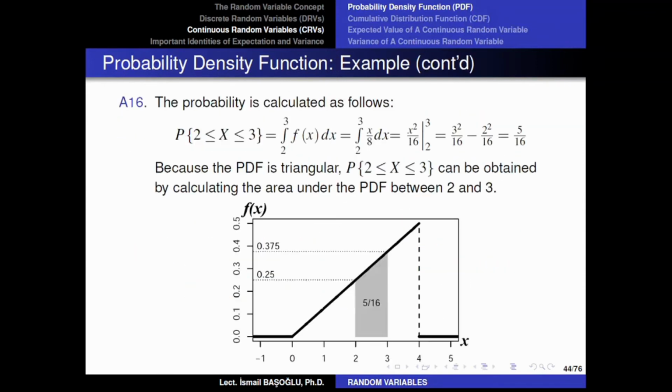For example, let's check this triangle. What is the area of this triangle? So the height of the triangle is 0.5 and the base is 4. So 4 times 0.5 is 2, and you divide it by 2, you get a 1. So the area of the triangle, the area under the probability density function, is equal to 1 here.